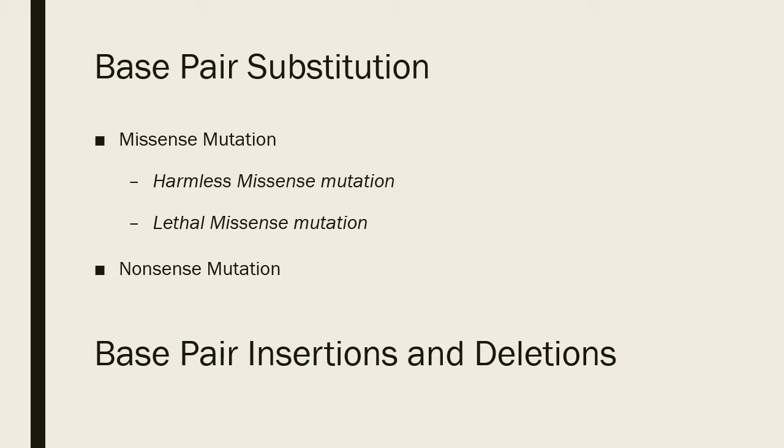Therefore, the insertion or deletion of nucleotides may alter the reading frame of the genetic message, and such mutations are called frame shift mutations. These mutations occur whenever the number of nucleotides inserted or deleted is not a multiple of 3.